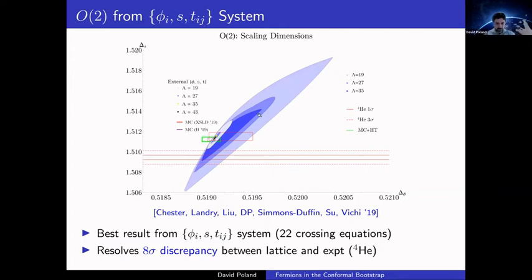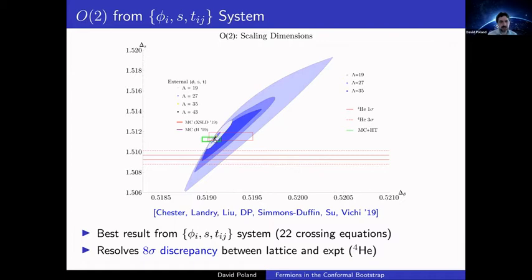And using this system of 3 operators, which gives you 22 crossing relations, we could compute a very small bootstrap island shown in the small black region in the middle. This gives you a sense of how these bootstrap islands have been shrinking over time by considering more correlators and larger derivative orders.